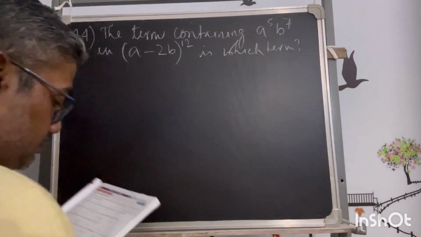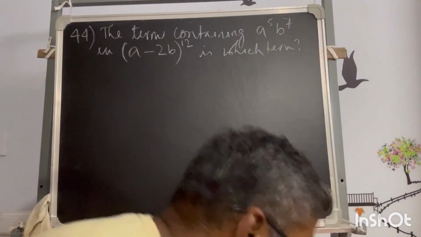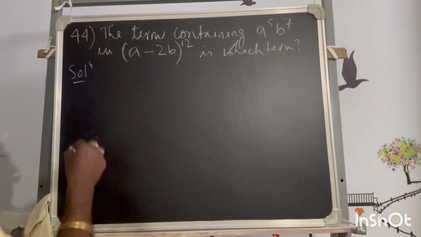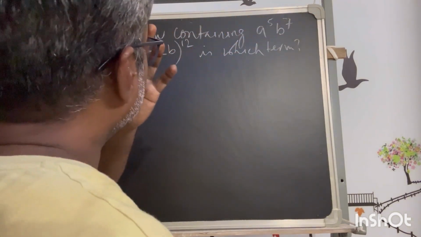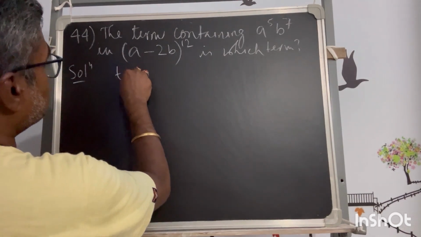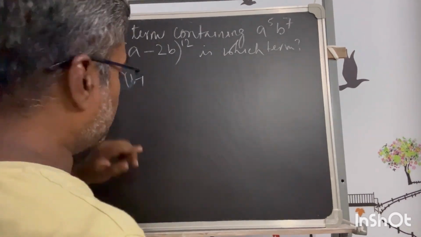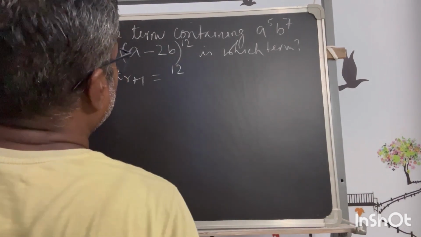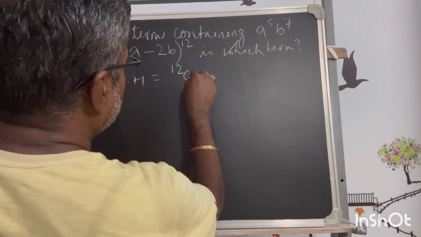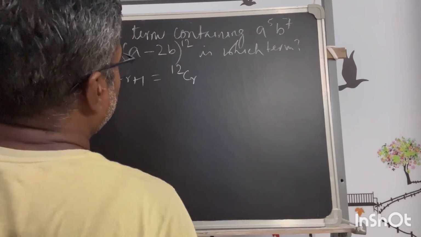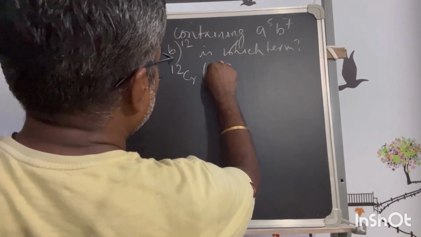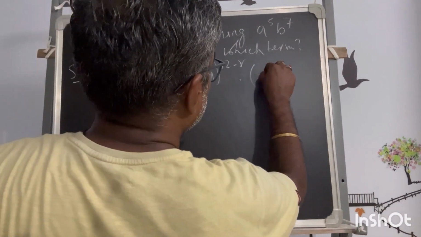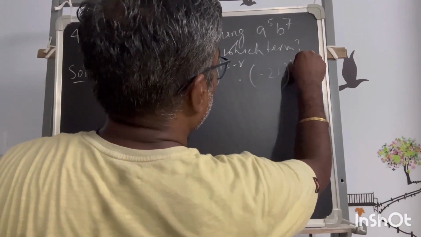As per the traditional method, we'll assume that this term is the (r plus 1)th term, T(r+1). T(r+1) can be described as 12Cr, where 12 is the maximum power, first term to the power 12 minus r, and the second term, minus 2b, whole to the power r.